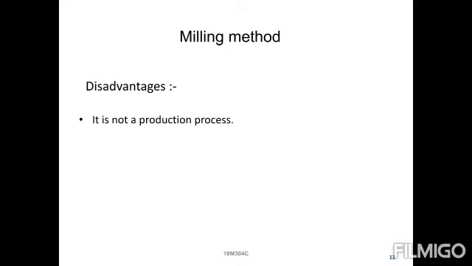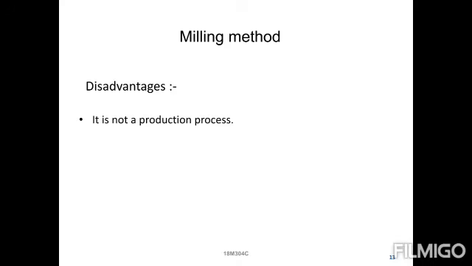Next, what are the disadvantages? It is not a production process. A production process means a continuous manufacturing process, where within a short period we can produce the maximum number of gears.